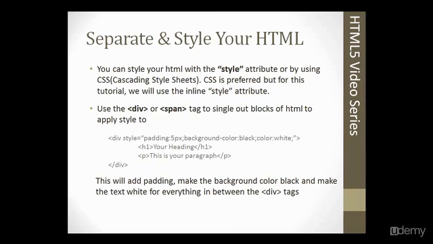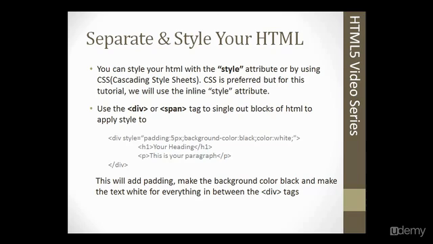Okay, so the last thing we're going to talk about is separating and styling your HTML. You can style your elements with the style attribute, which is what we're going to do in this chapter. Next chapter we're going to introduce CSS, cascading style sheets, where we would have an external file to do all the styling selectors and so forth.